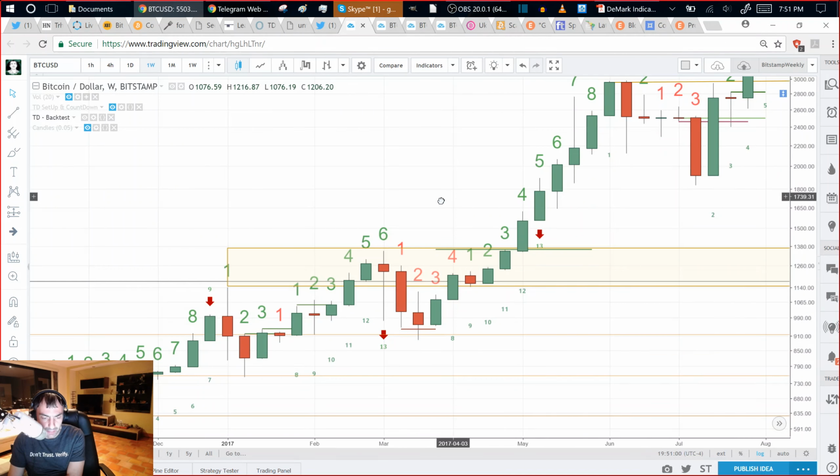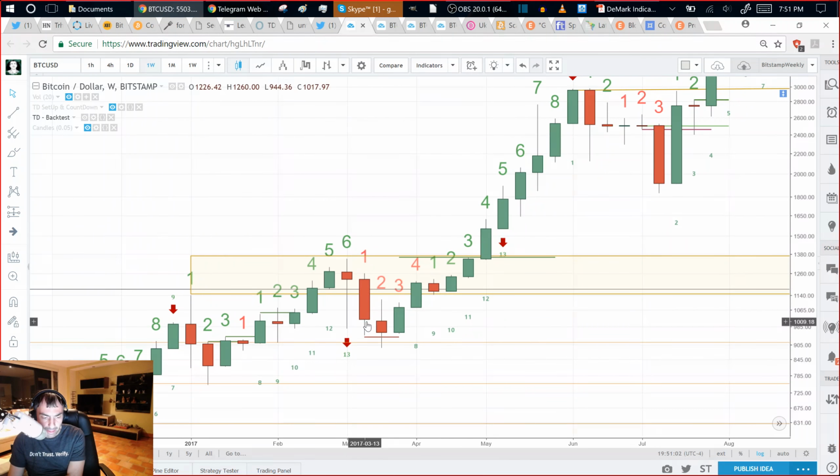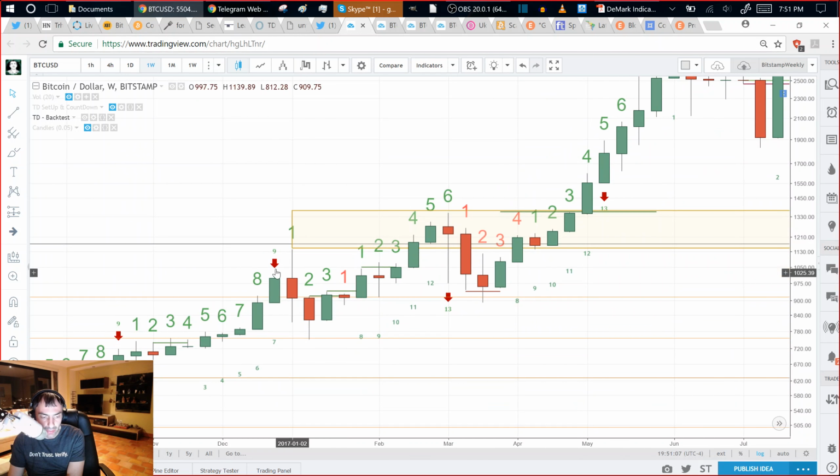So let's move on. Once again, when do you pick it up, right? So this 9 told you to be careful. You could have definitely shorted the asset, in this case, Bitcoin, but the numbers stayed green. So right here, the green number crossed above the previous green number.